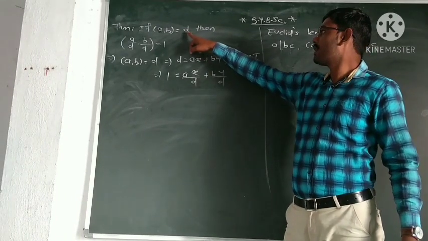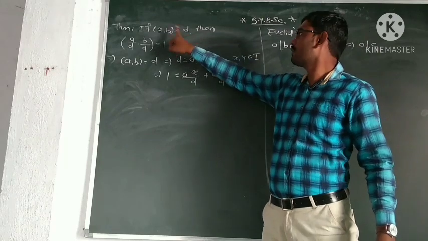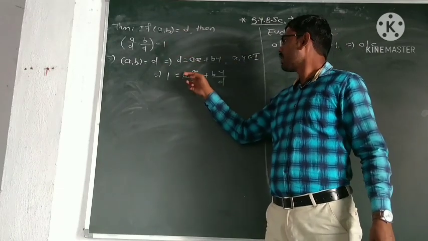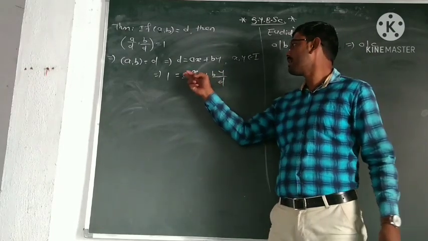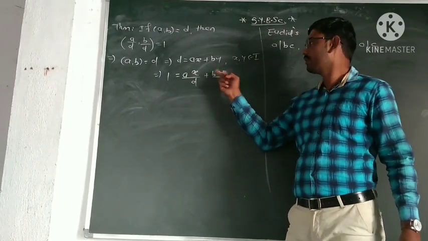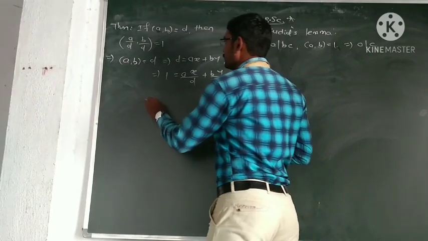D is the common divisor of a and b, so D divides a and D divides b. So a by D is again an integer, and b by D is also an integer, because D divides a and D also divides b.